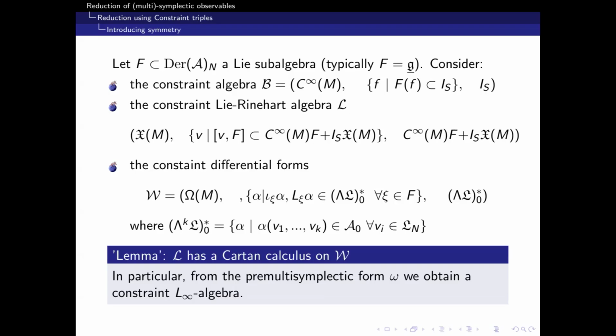So this gives us a new version of the de Rham complex, again with the triple: total, normal, and zero. We have the Lie-Reinhardt algebra we look at with total, normal, and zero part. And those have a Cartan calculus together, which means that the construction we saw earlier, which just used Lie derivatives, interior contractions, and total differentials to build a Lie-infinity algebra, we can just carry it over.